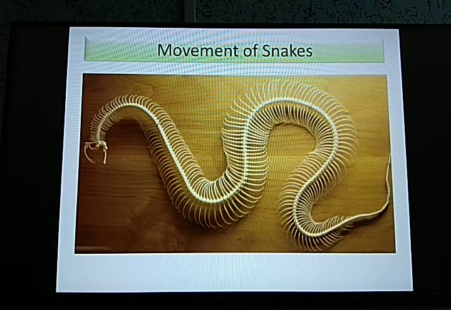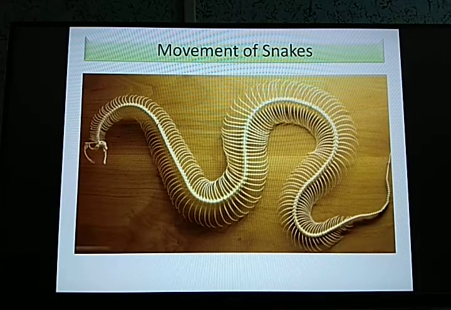Now as you can see from the figure itself, the snake's body is curvy in nature. That means it can bend or twist its body quite easily. It has flexibility in its body. As a result, the motion is also quite flexible compared to any other animal's motion.